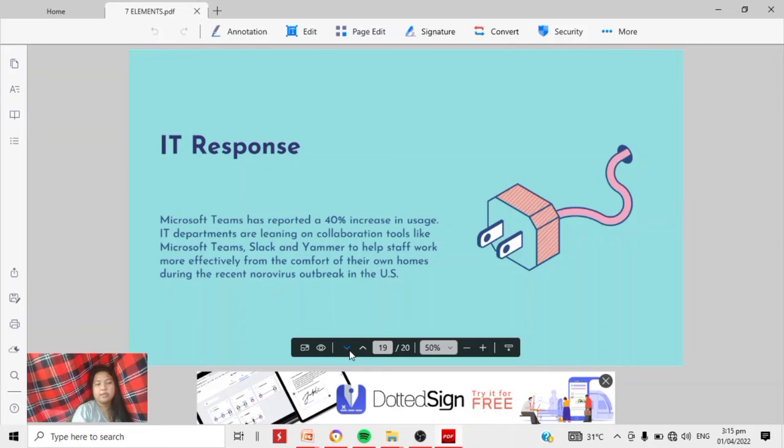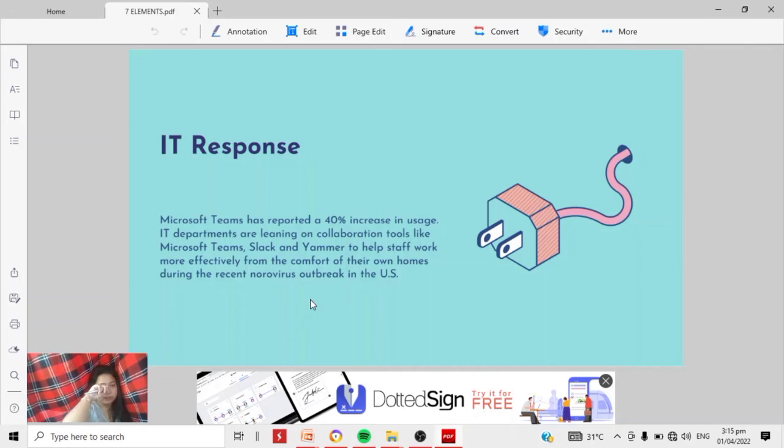Next is the IT response. Microsoft Teams has reported a 40% increase in usage. IT departments are leaning on collaboration tools like Microsoft Teams, Slack, and Yammer to help staff work more effectively from the comfort of their own homes during the recent coronavirus outbreak in the US.